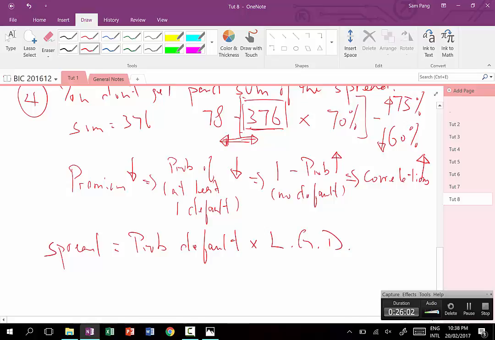Like I've said to you before, I think in the first or the second tutorial, the problem I have with credit risk modeling is that this is an estimation and this is also an estimation.